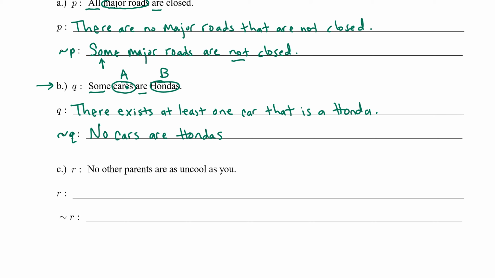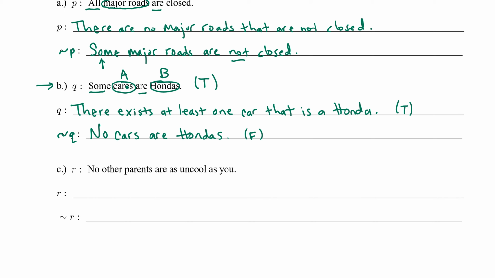Now remember, you can double check this with truth values. The truth value of the original statement, some cars are Hondas, is true. The truth value of the negation, no cars are Hondas, is false. We could go out in the parking lot and find a Honda, right? And look at the equivalent: there exists at least one car that is a Honda. Yes, that's true.